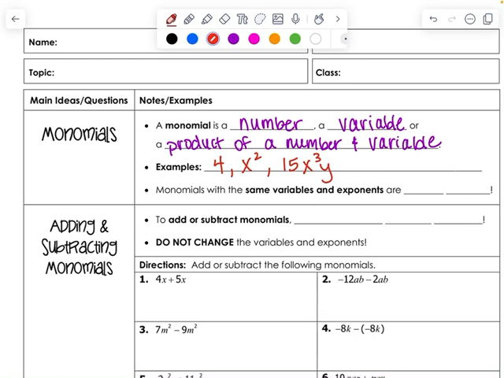Now, if we have monomials with the same variables and exponents, this is something a little different than what we talked about back in Unit 2. If we have the same variables and exponents, then those are considered like terms.